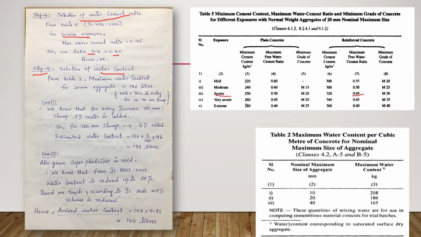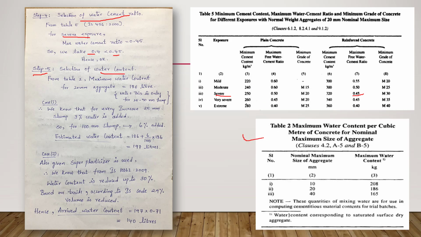This is table 2, which is given in IS 10262. In that, the nominal size is 20 mm as given in the problem. So for 20 mm aggregate we take 186 kg of water, that is 186 liters. This 186 liters is only for 25 to 50 mm slump, but here we are going to make 100 mm slump.